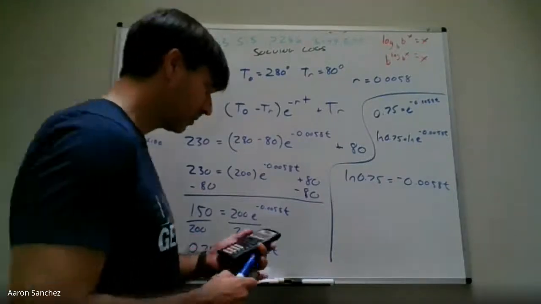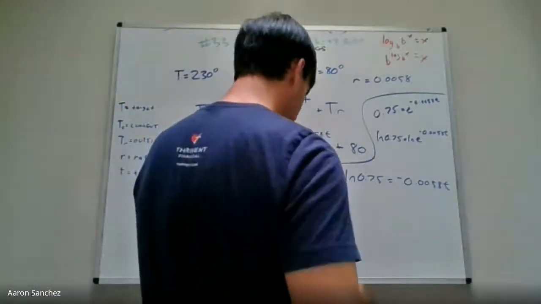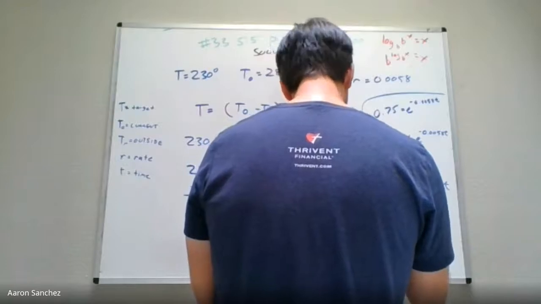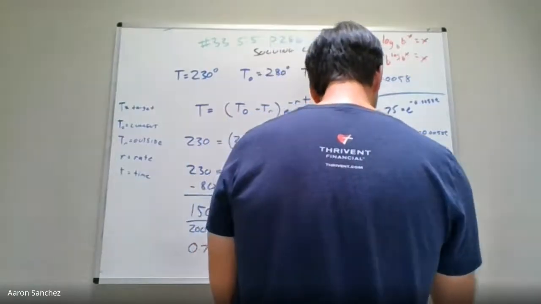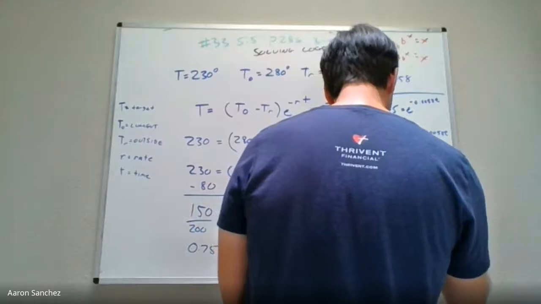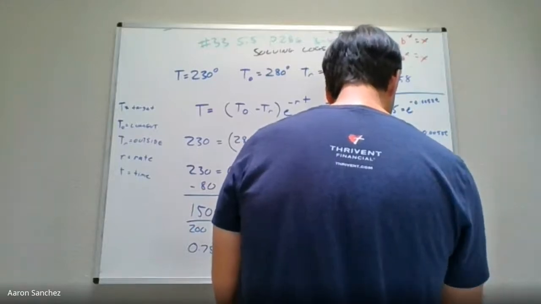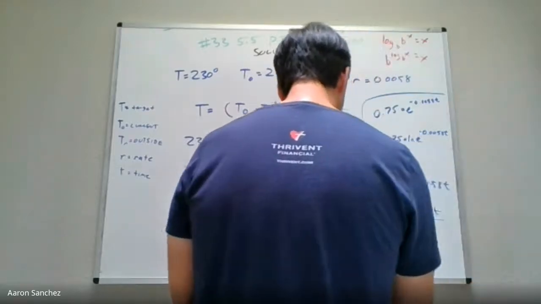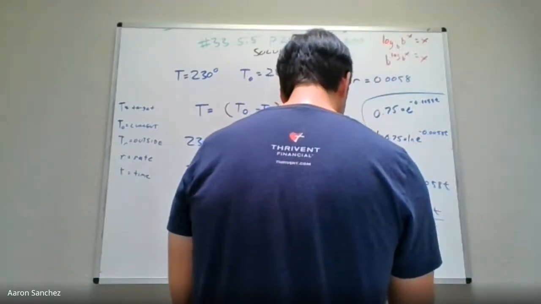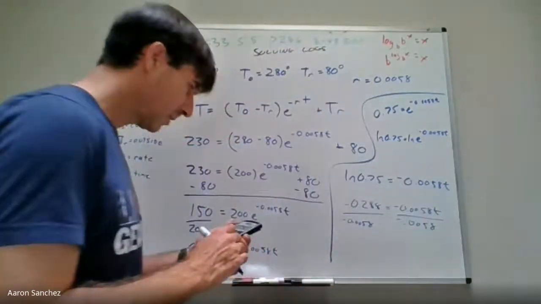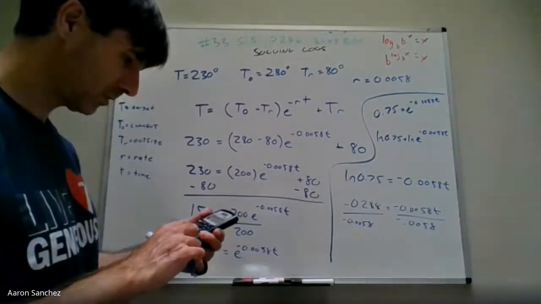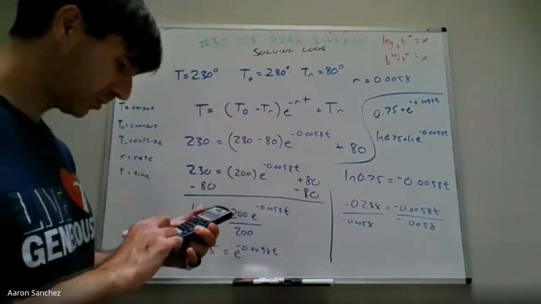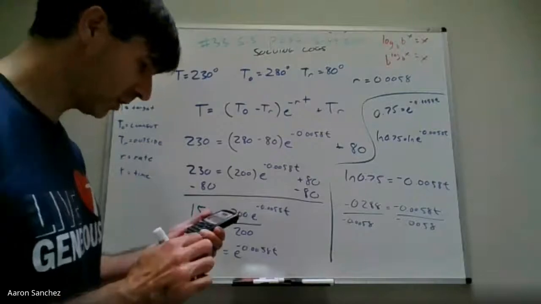Natural log of 0.75 is negative 0.288 equals negative 0.0058t. Divided by negative 0.0058 on both sides, they get 49.